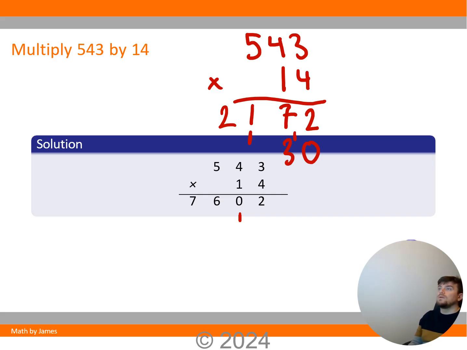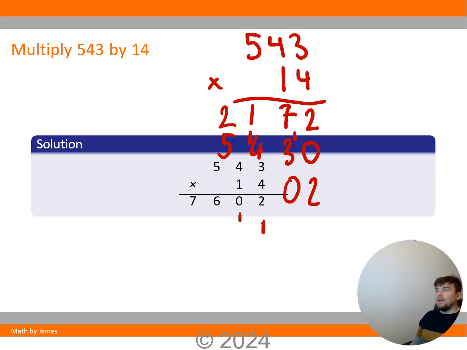Then we do 1 times 4, which is 4. And then we do 1 times 5, which is 5. We then have to add these up. So now we get 2. We get 0 here, 10. So we must understand our adding before we move on.